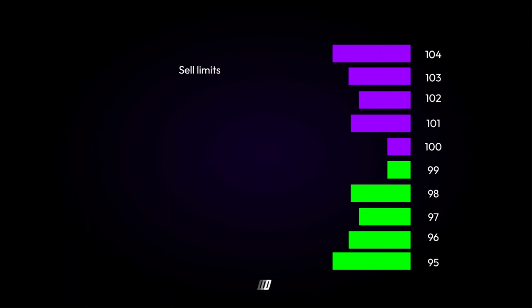And up here you have the sell limits, so passive sellers, also known as the offer or the ask. And these are basically just offering to be a seller. Okay, they're saying, hey, if you want, I'm selling at this price.